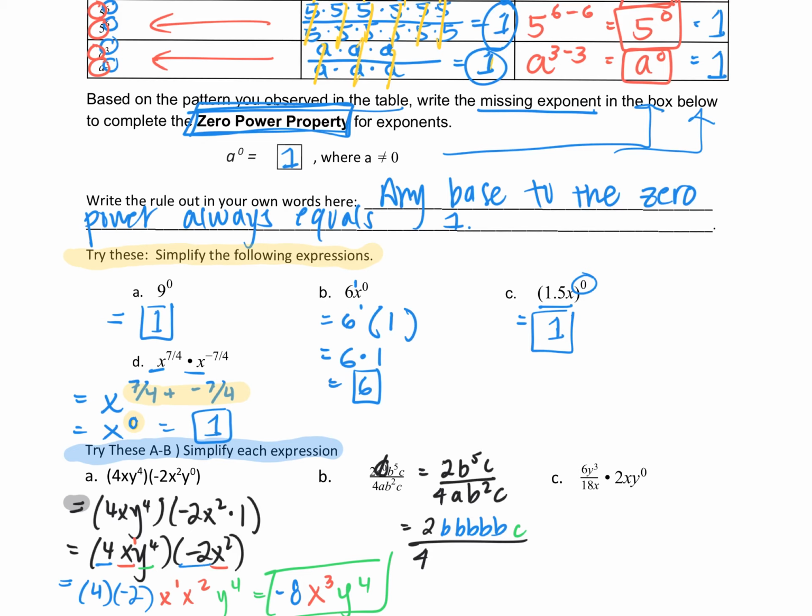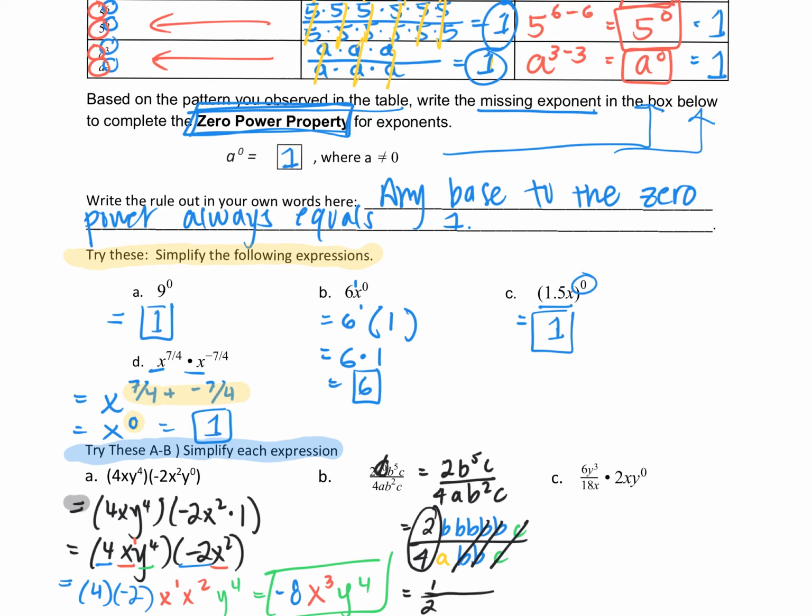Over 4a, and then there are 2 b's and 1 c. And now I'm looking for things that I can cross out. So these c's are going to go away. 2 pairs of b's. What else? I also see 2 over 4. I could put that in my calculator and reduce it to 1/2.